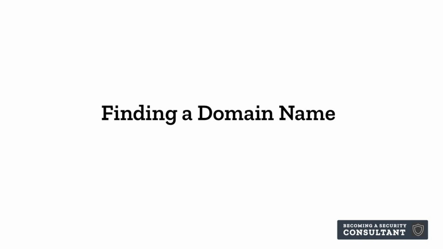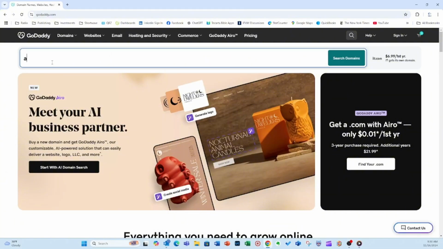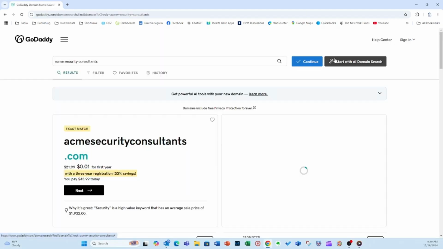Let's visit the site of GoDaddy.com, one of the more popular providers of domain name and web hosting services. Let's assume that I have decided to use the name Acme Security Consultants as the name of my security consulting firm. To search to see if this domain is available, I simply enter it in the search bar.